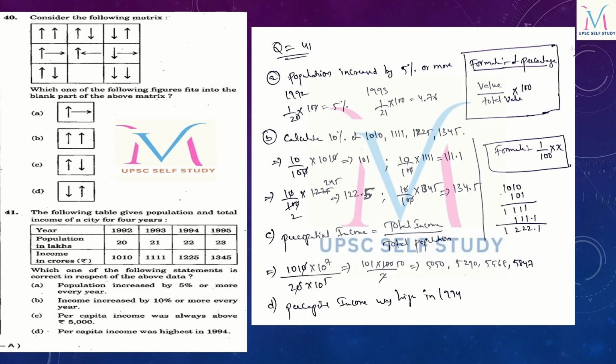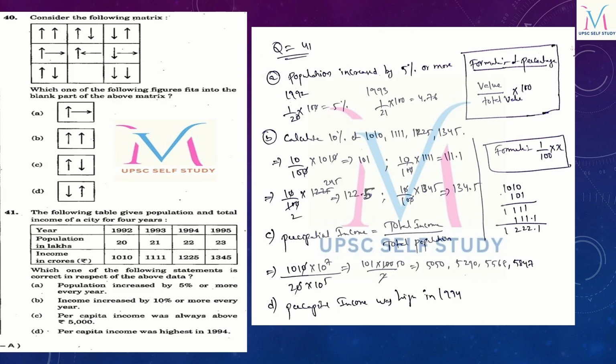For lakhs there are 5 zeros, and for crores there are 7 zeros. So to make it simple, I have made it 10 power 7 and 10 power 5. If we calculate, 10 power 7 and 10 power 5 partly cancel, and we get 10 power 10 into 100 by 2. I hope you understood the calculation.